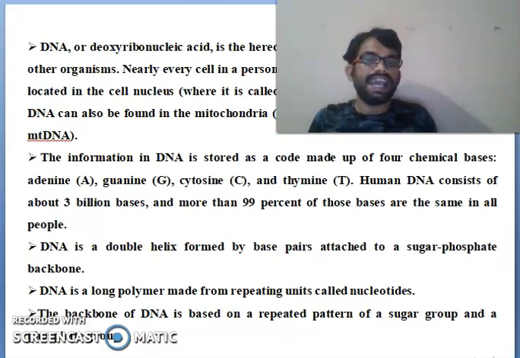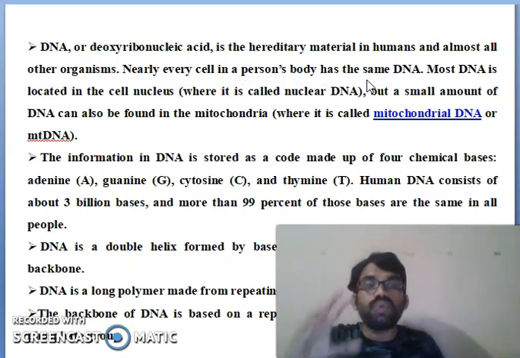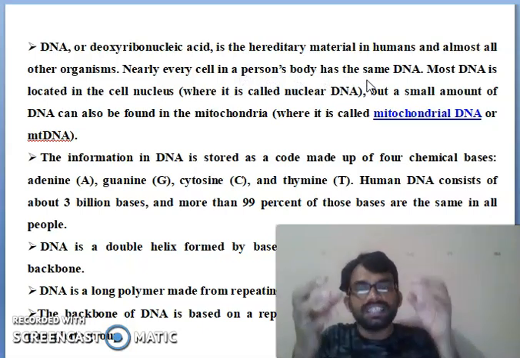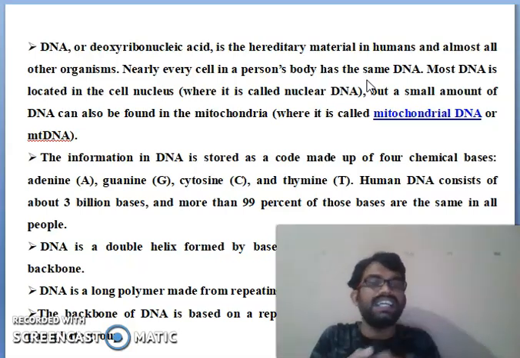Now we can see what DNA actually is, with some more details. DNA, deoxyribonucleic acid, is the hereditary material in humans and almost all living organisms. Nearly every cell in a person's body has the same DNA, but most of the DNA is located in the cell nucleus, where it is called nuclear DNA. That point is very important.